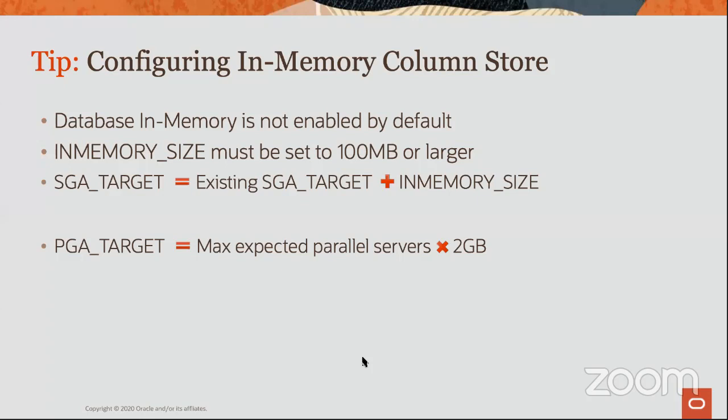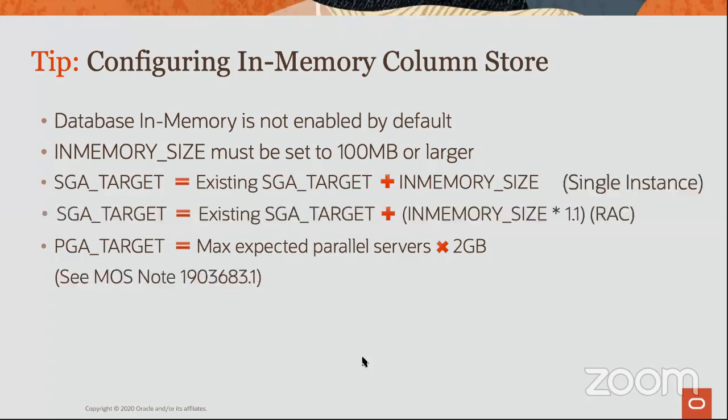So I usually tell folks take the maximum number of parallel server processes you might be running if you're going to use parallel query, and multiply that by 2 gigabytes to make sure you have enough PGA memory to accommodate queries that might require a considerable amount of sorting based on large result sets or any other PGA memory requirements for the queries.